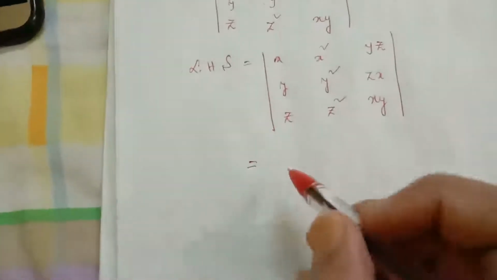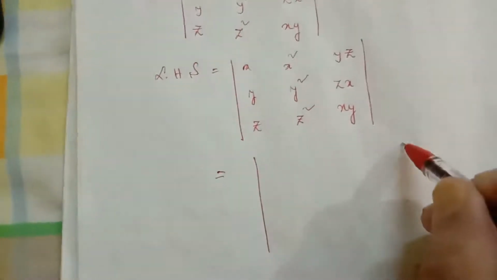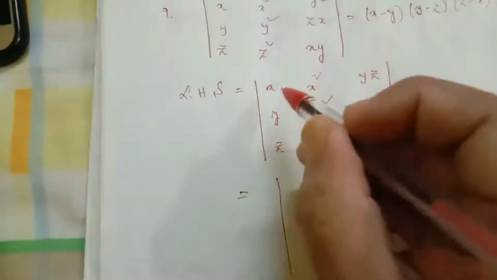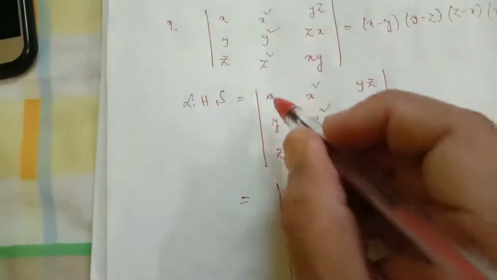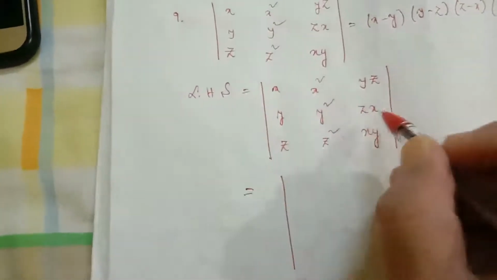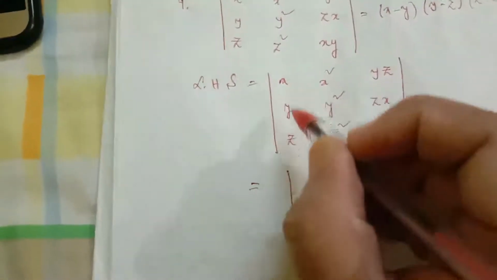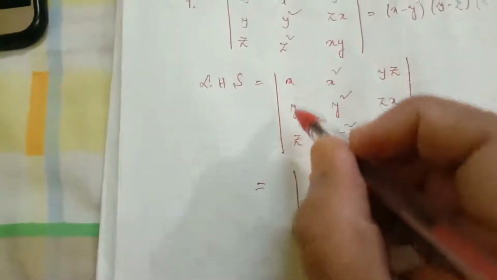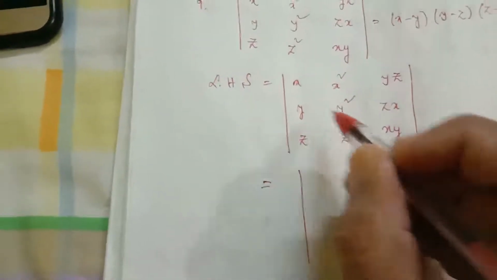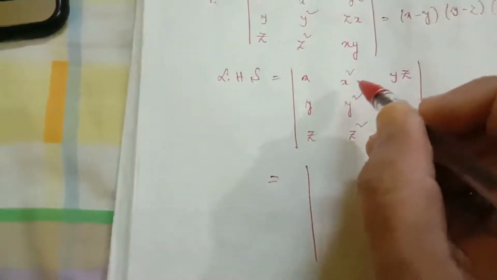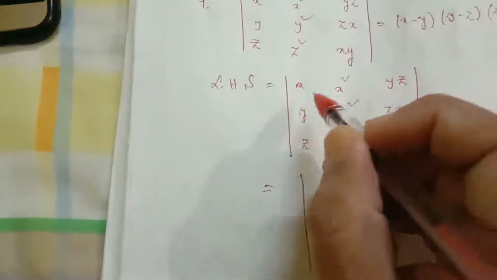Before bringing zeros, what we have to do, you can see x y. If we replace r1 by r1 minus r2, we will get x minus y. This will become x square minus y square. You can see x minus y, x square minus y square, we are getting a common factor.